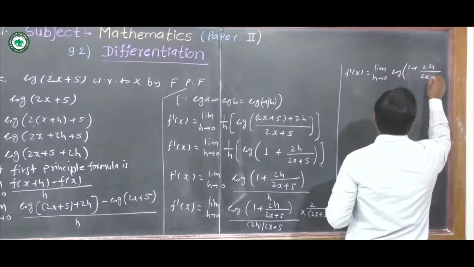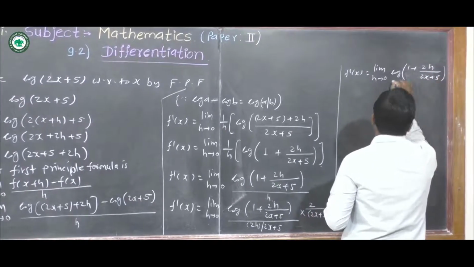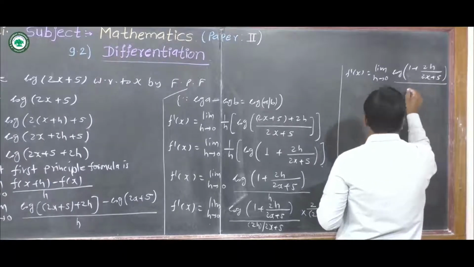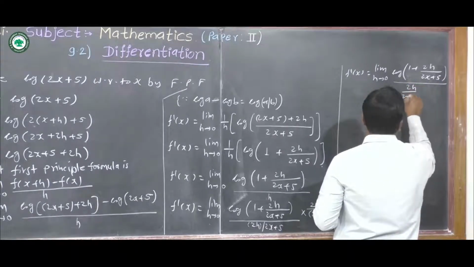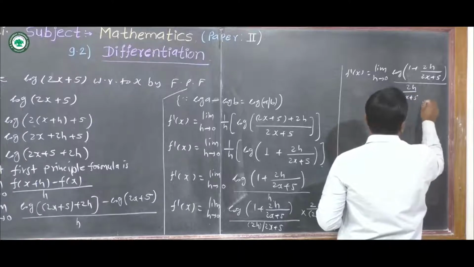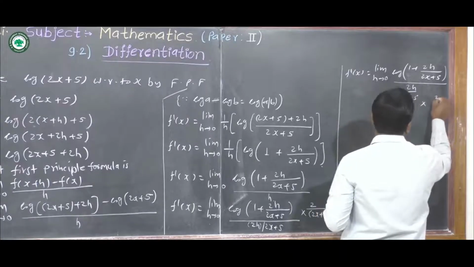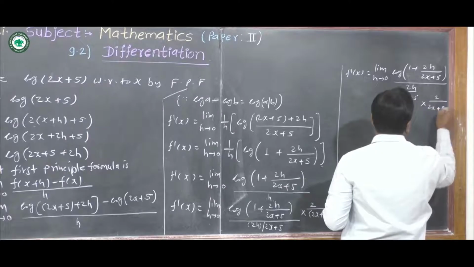2x plus 5 divided by 2h upon 2x plus 5 into this term 2 into 2x plus 5.